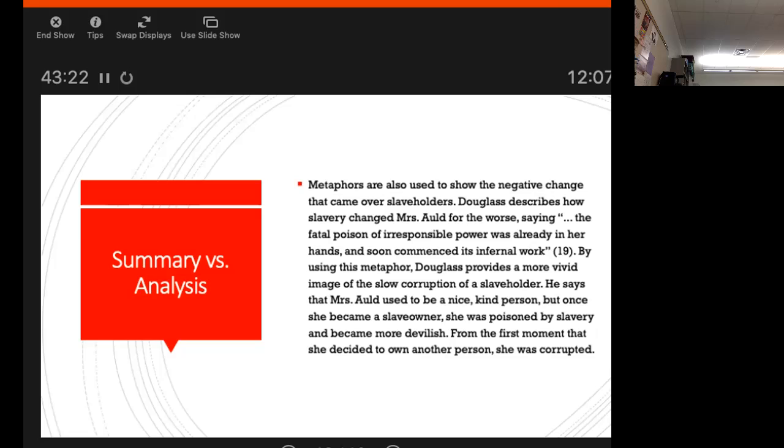Yeah. And goes into depth on what he's actually saying. Yeah, and she doesn't spend much time with infernal or irresponsible. She's instead just focusing on fatal poison because that's what's important to her to talk about the metaphor.